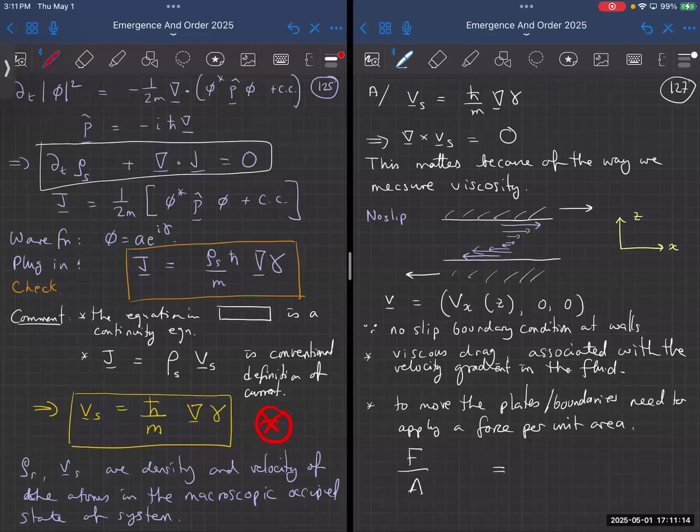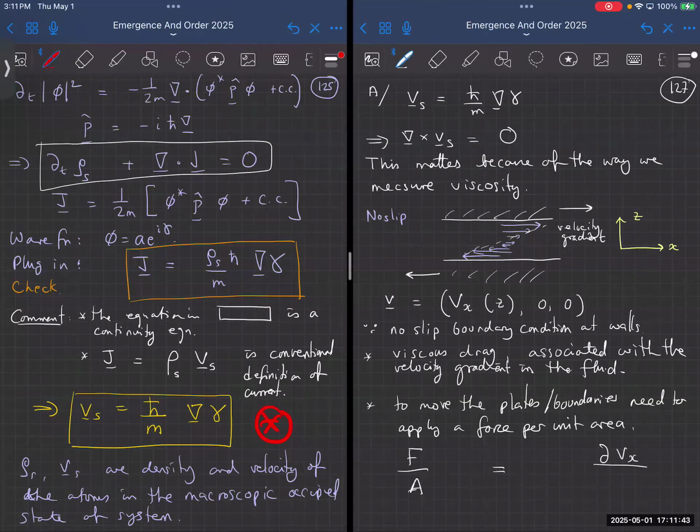And how big a force? Well, here is the velocity gradient that you can see over here. And the bigger that velocity gradient, the bigger the force that I need to apply. So you would expect that, to a first approximation, the force per unit area is going to be proportional to the velocity gradient.